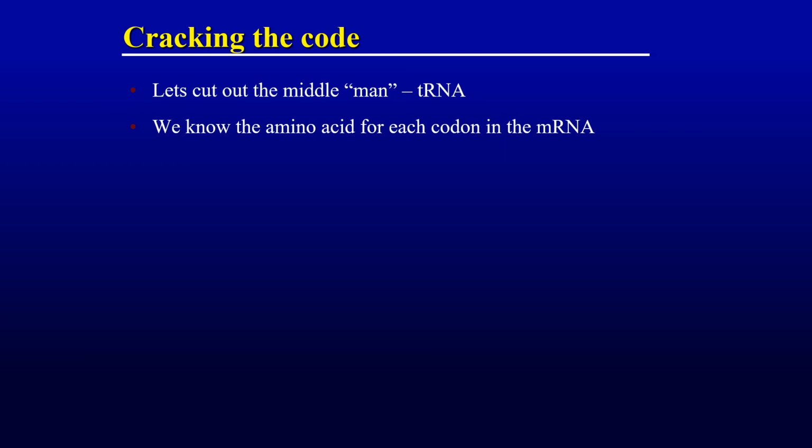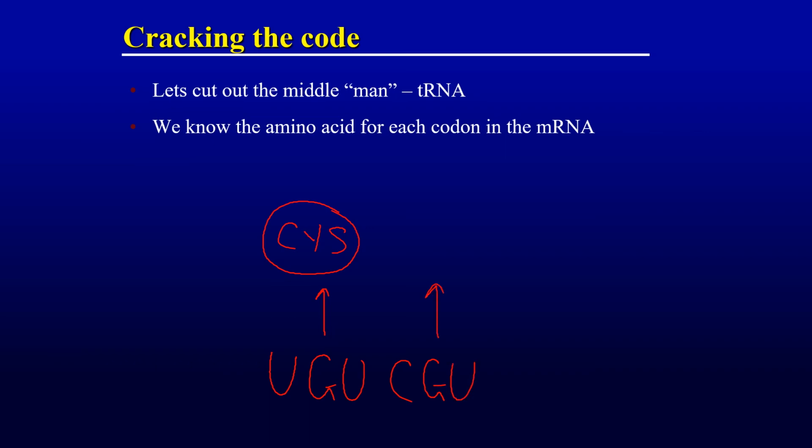In our previous example, we knew that the codon UGU corresponded to the amino acid cysteine. And we knew that the codon CGU corresponded to the amino acid arginine.